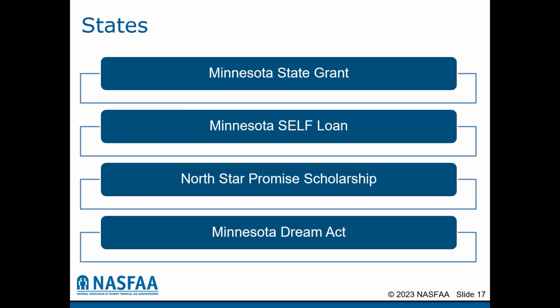The Minnesota SELF Loan is a loan program that is often recommended to students who need additional funds after exhausting their available federal direct loan dollars. The Minnesota SELF Loan requires a separate independent application through the Minnesota Office of Higher Education.